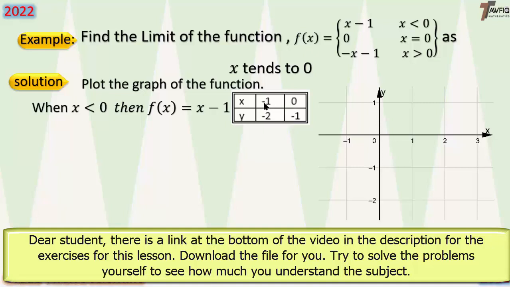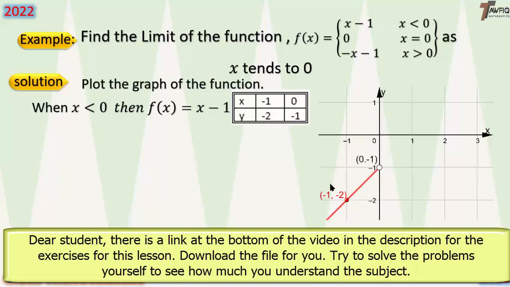When we replace minus 1 here, it becomes minus 1 minus 1, which is equal to minus 2. Therefore, when x is minus 1, y is minus 2. And when x is 0, y is minus 1. Plot these 2 points: here is 0, minus 1, and here is minus 1, minus 2.